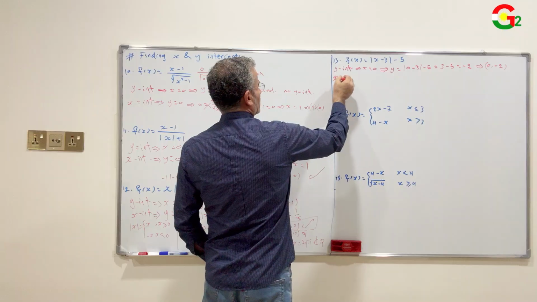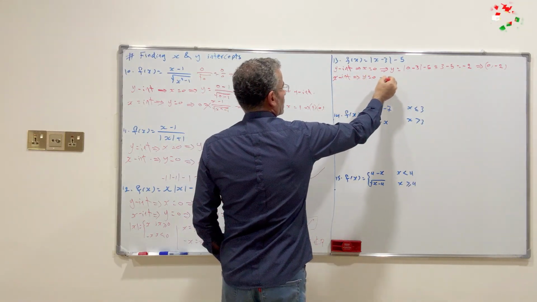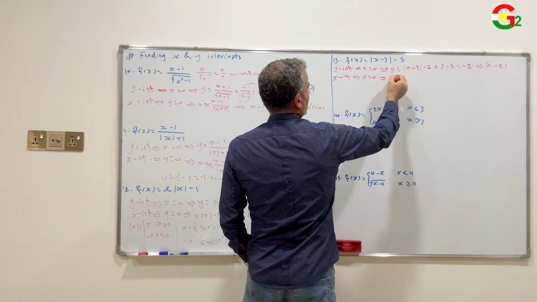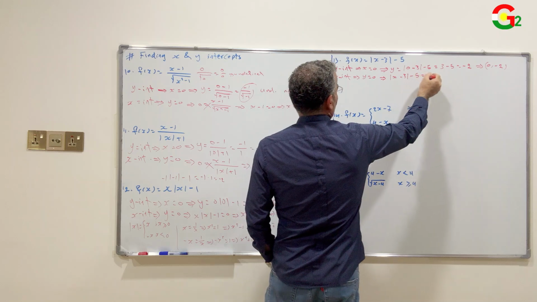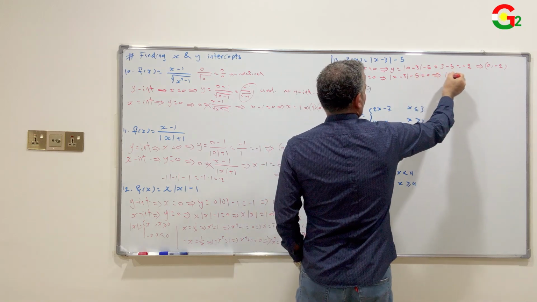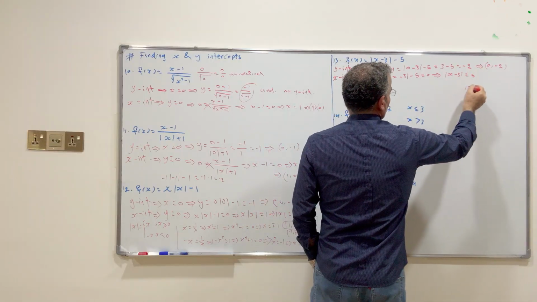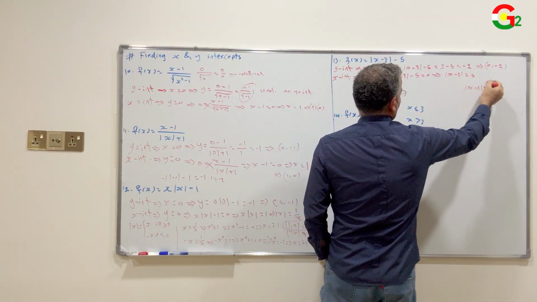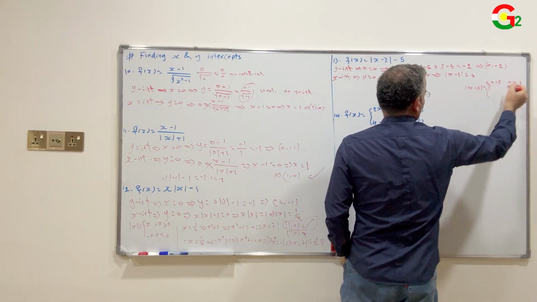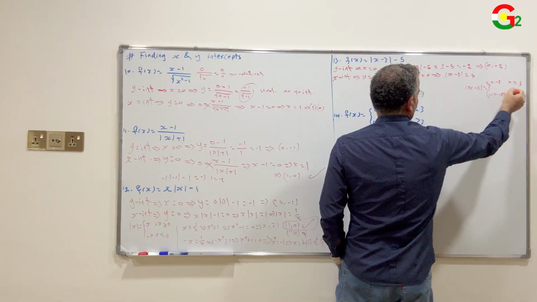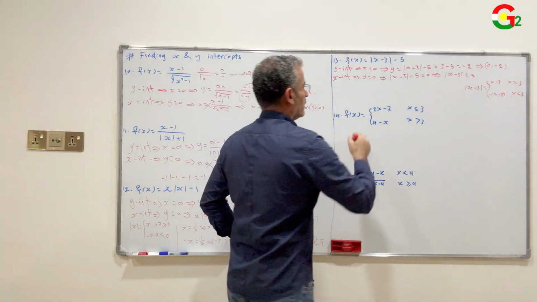For the x-intercept, set y equals 0 and solve the equation absolute value of x minus 3, minus 5 equals 0. Then absolute value of x minus 3 equals 5. To remove the absolute value, we redefine it as x minus 3 when x is greater than or equal to 3, and negative (x minus 3) when x is less than 3, and solve for both cases.